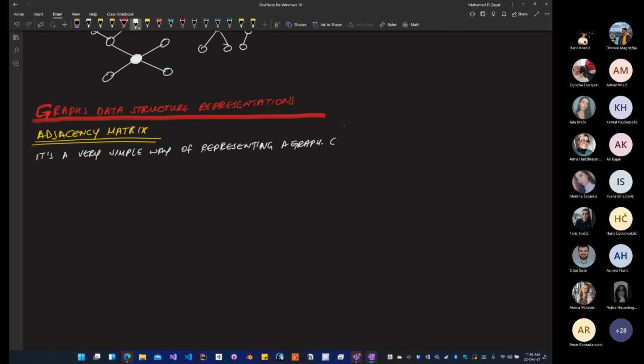So a cell, because we are talking about the matrix, a cell M, which is a matrix of I and J, represents an edge with a certain weight, if you would like to have weights.